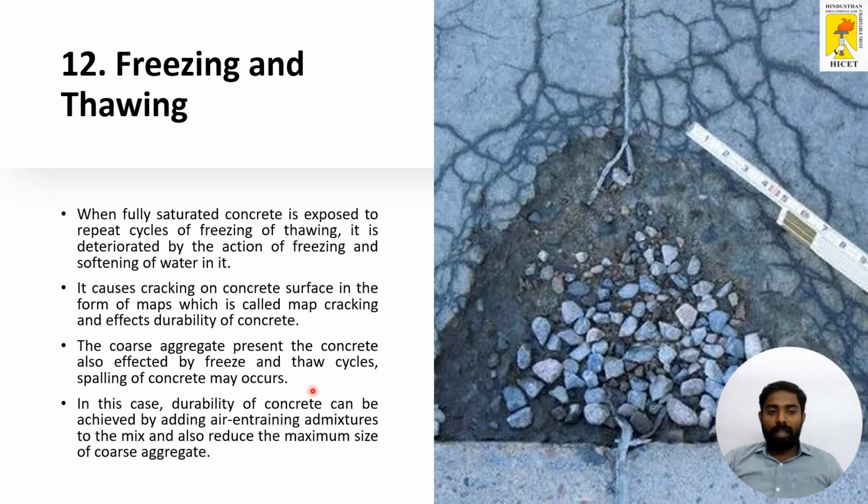The coarse aggregate present in the concrete also gets affected by the freeze and thaw cycles. Spalling of the concrete may occur. In this case, durability can be achieved by adding air entraining admixtures to the mix and also reducing the maximum size of the coarse aggregate.